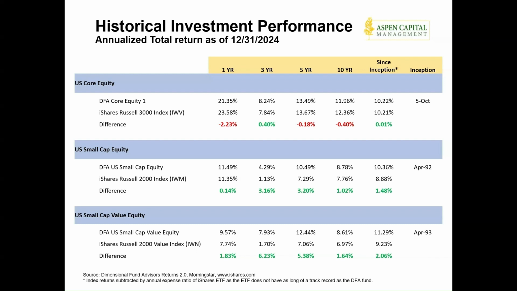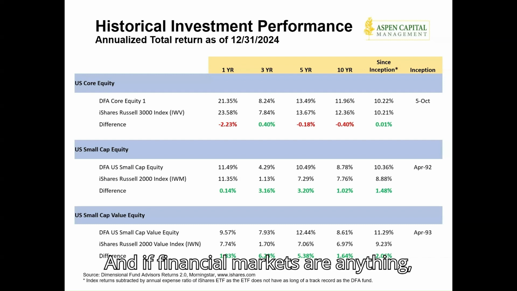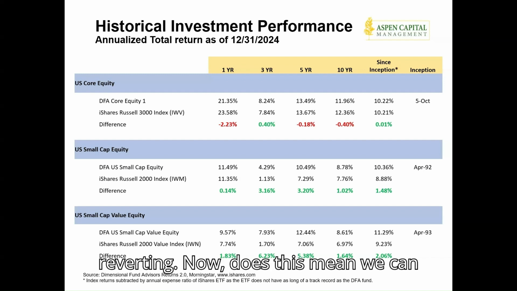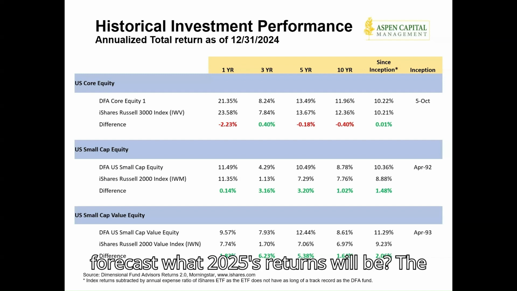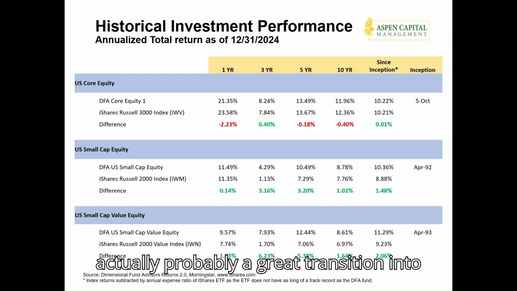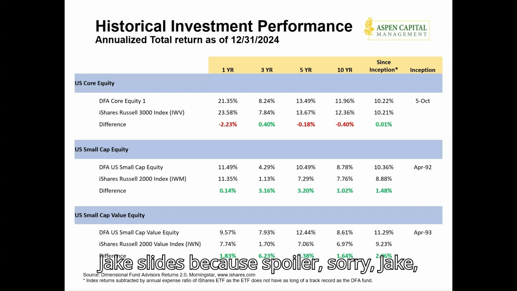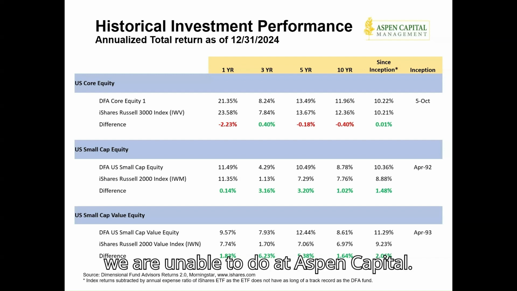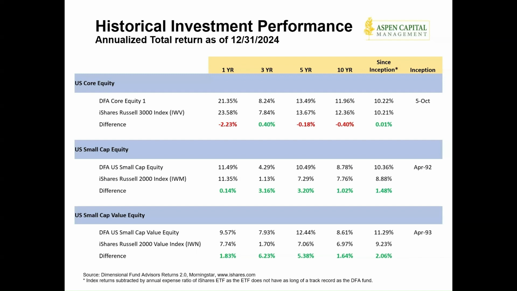And if financial markets are anything, they are cyclical and they're mean reverting. Now, does this mean we can forecast what 2025's returns will be? The answer is absolutely not. And that's actually probably a great transition into Jake's slides because, spoiler, sorry, Jake, that inability to forecast over the short term is not just something that we are unable to do at Aspen Capital.